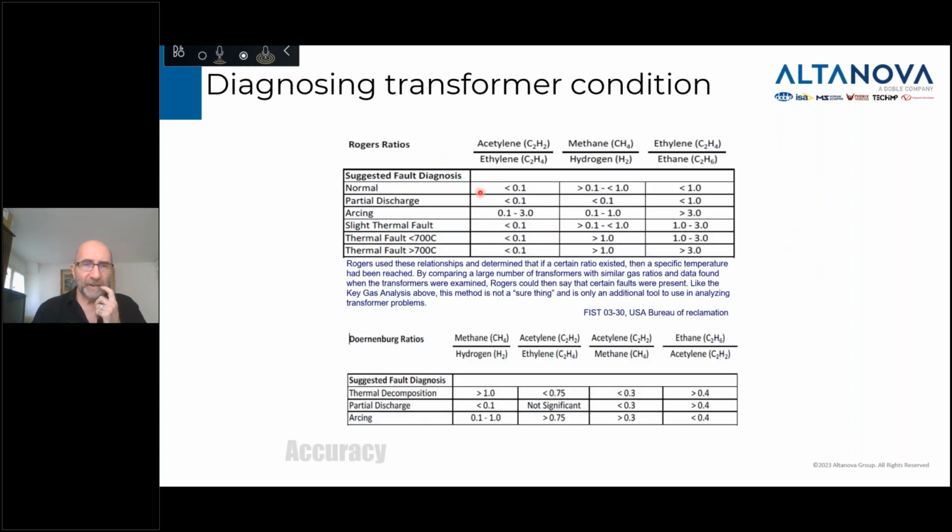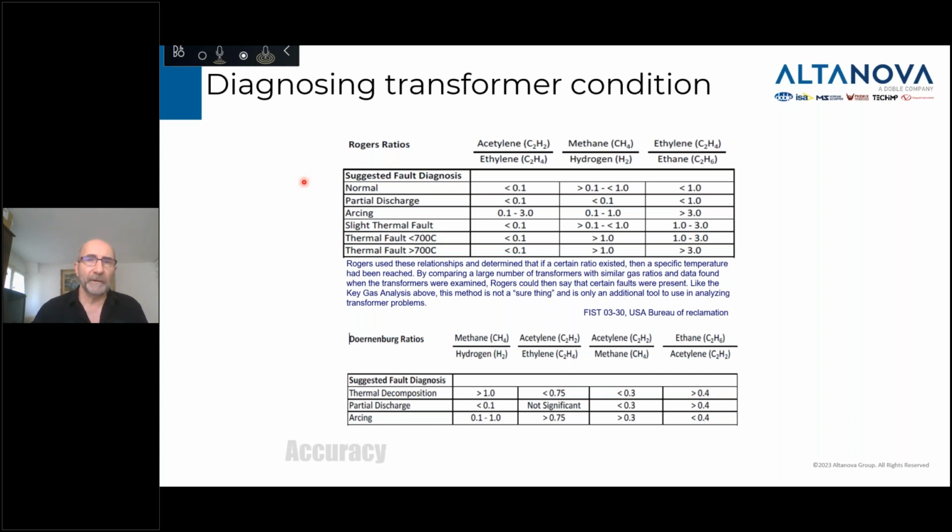The other diagnostics that have been used around the world for years are the Rogers ratio, the Dornenberg ratio, though Dornenberg less and less, the IEC 60599 ratio, and the gas ratio. Each of them, again, has been designed mostly for mineral oil.